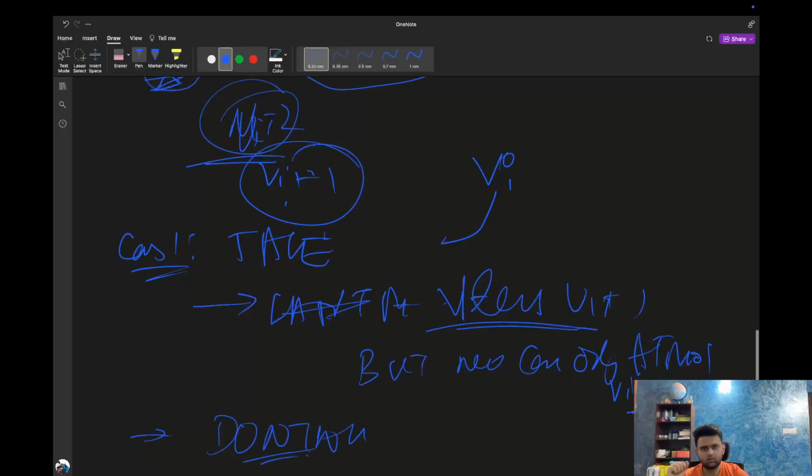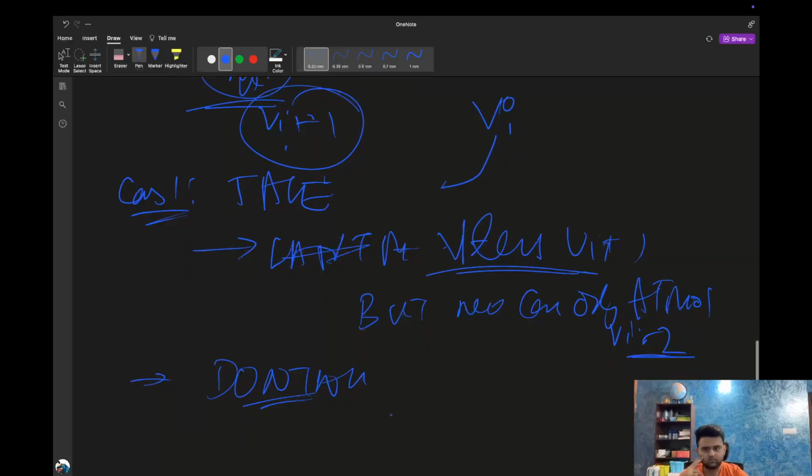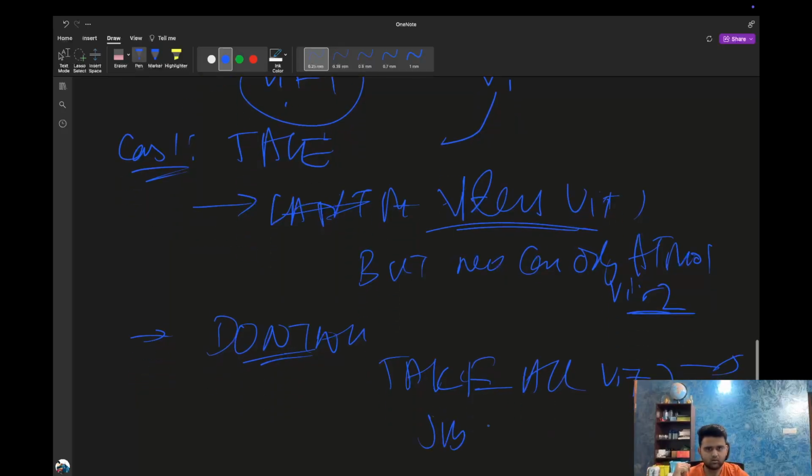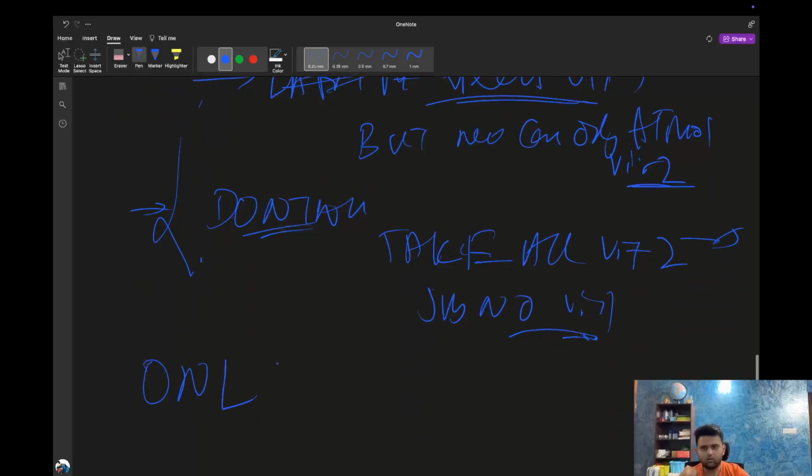Don't take: all vi plus 2 and no more, just no vi plus 1. Only take if adjacent.